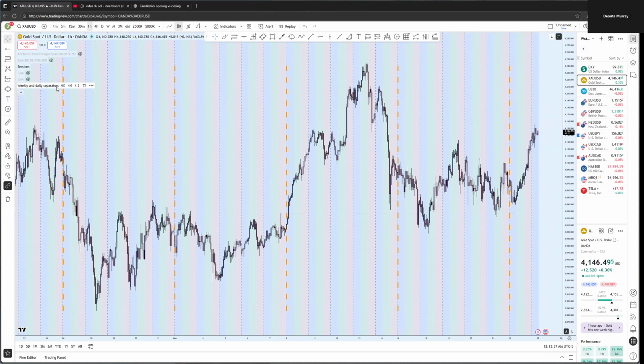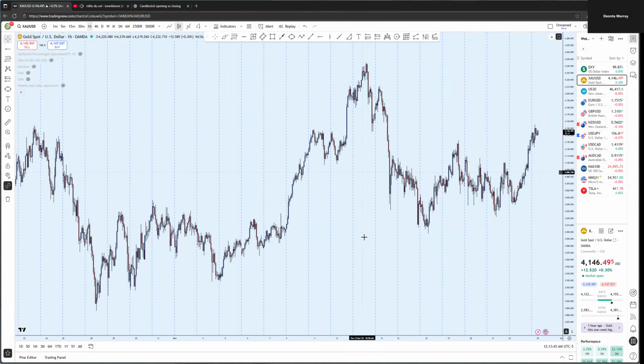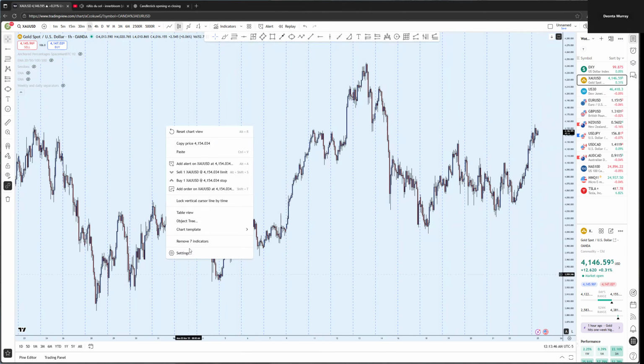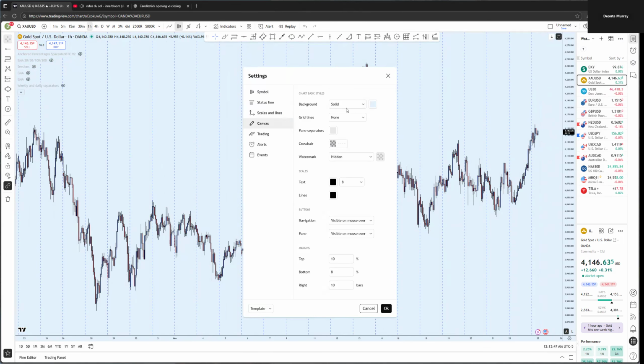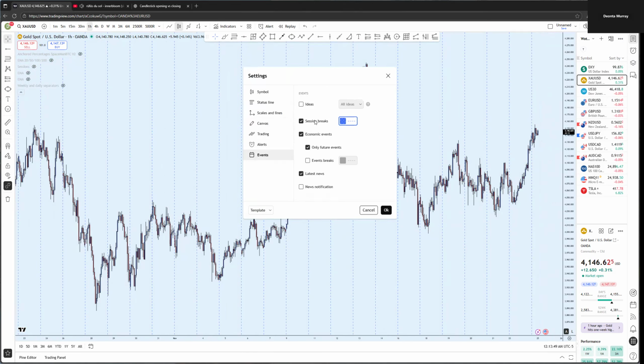So let's get rid of all of this, right? So this is what my chart looks like. I'm gonna turn this off real quick. So right here is the session break, basically from this line to this line is a daily worth of candles.